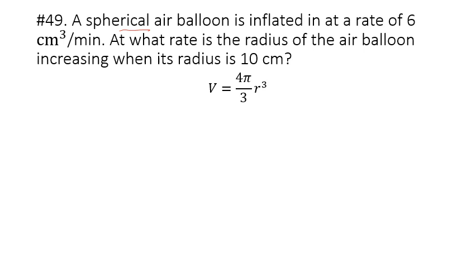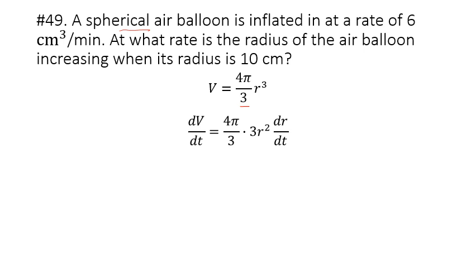This is a rate, so we differentiate with respect to time. The left side is dV over dt, and here the constant 4 pi over 3 times the derivative of r cubed is 3r squared, but r is a function of t, so you have to multiply by dr over dt.